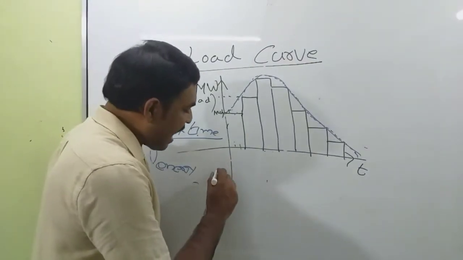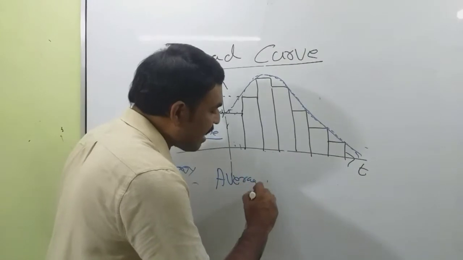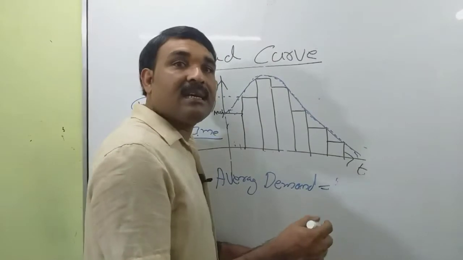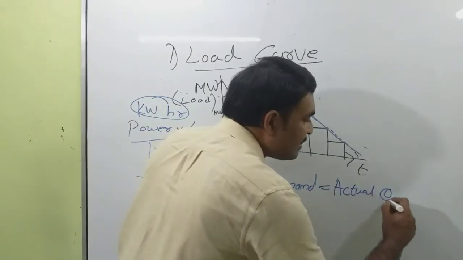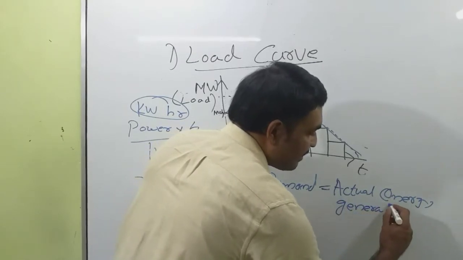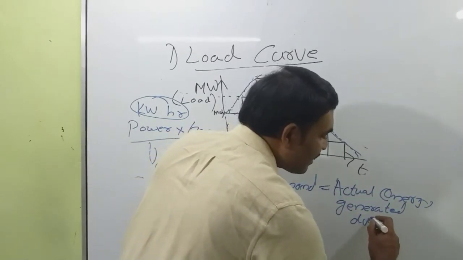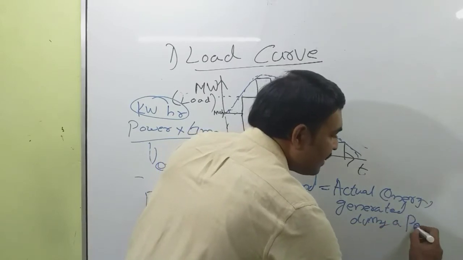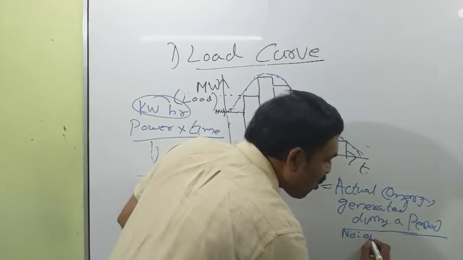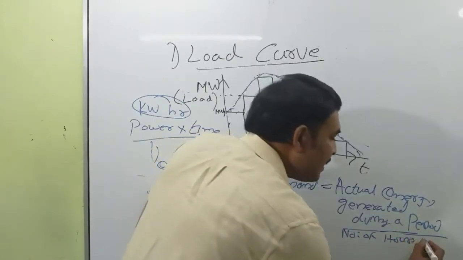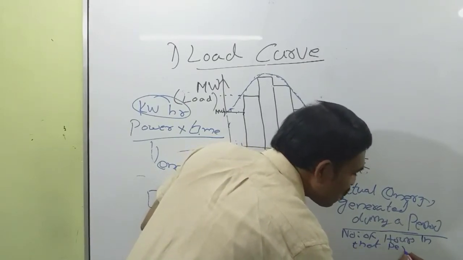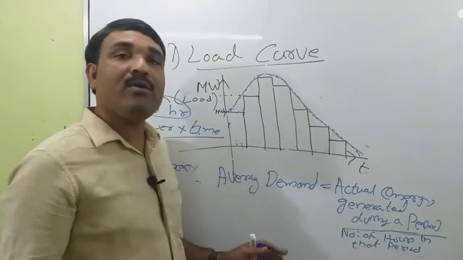That means average demand, or average power demand, is equal to actual energy generated during a period divided by number of hours in that period. So this ratio will give the average load demand.